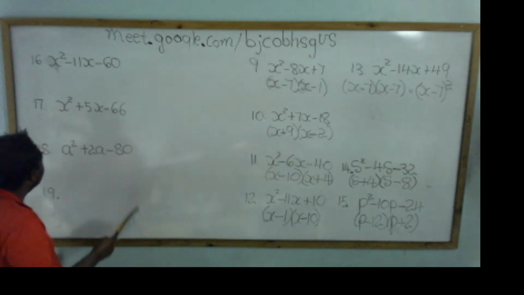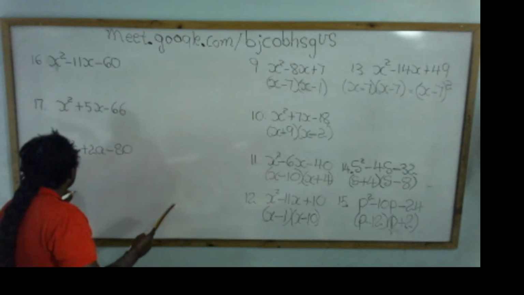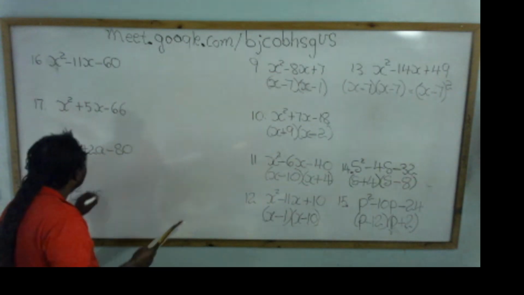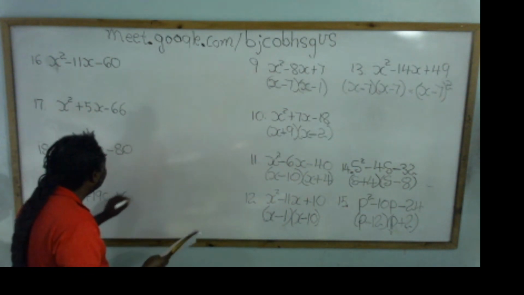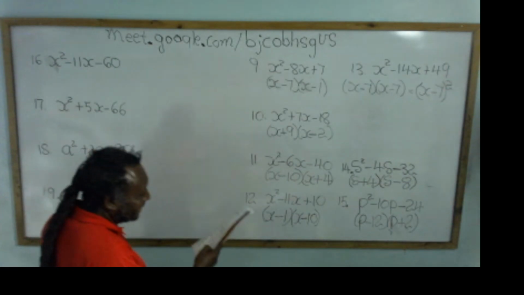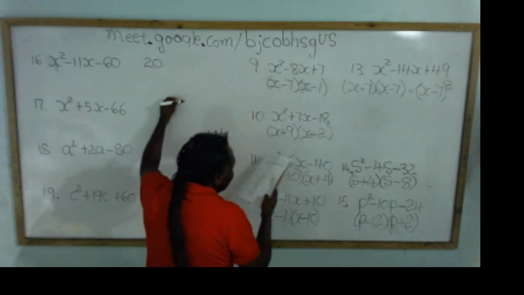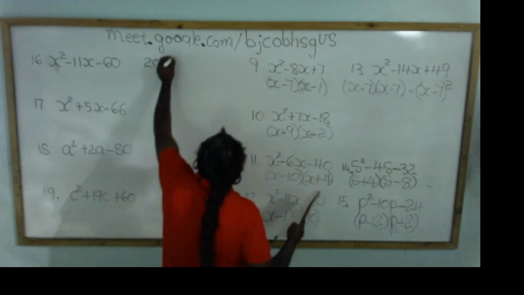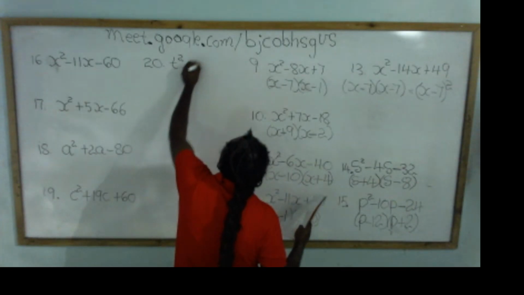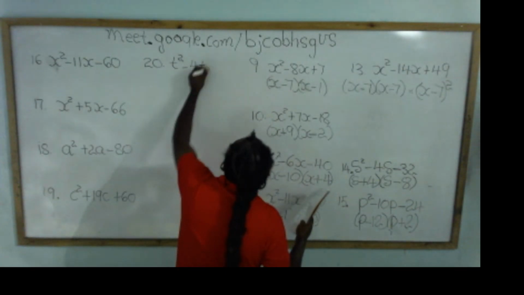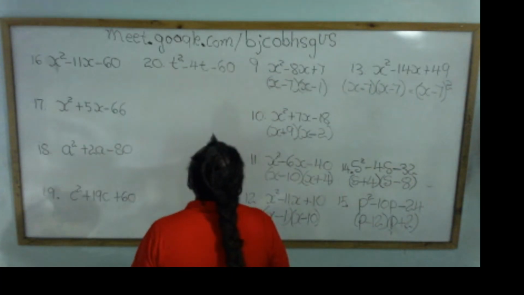Number 19, c squared plus 19c plus 60. And last but not least, number 20, t squared minus 4t minus 60. Let's go.